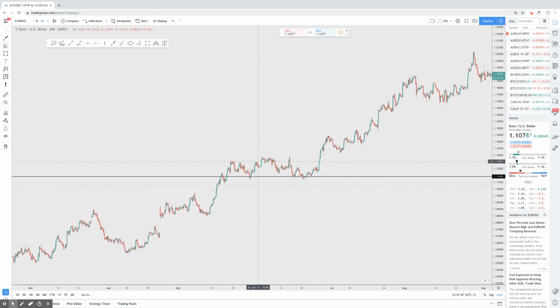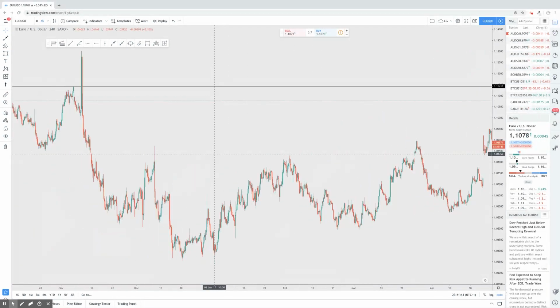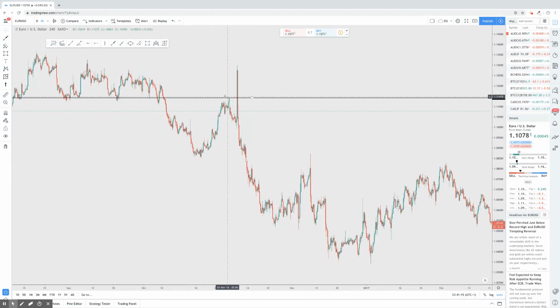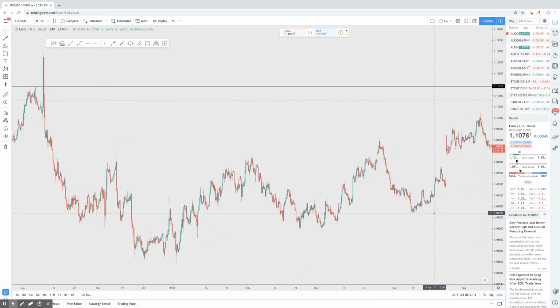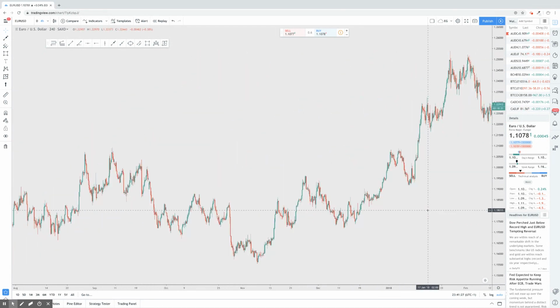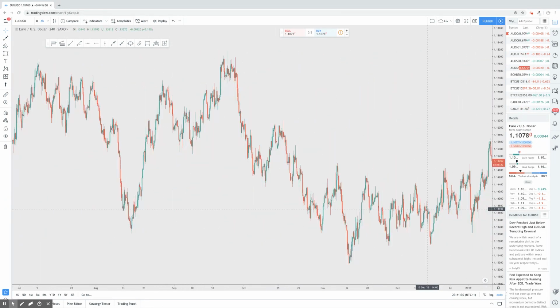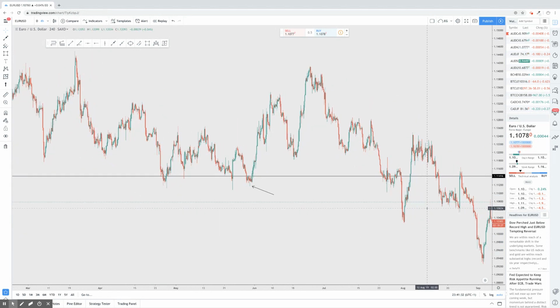We can see that price has respected it multiple times. Here is support, here is support. If we go back, we can see it was respected as resistance here. This is likely a news candle, you guys, so I'm not going to worry about that too much. Here is resistance, here is resistance. So you can see how it was respected over time. And we call that a key level, a zone, whatever you want to call it. It's an important area for you to know, okay?